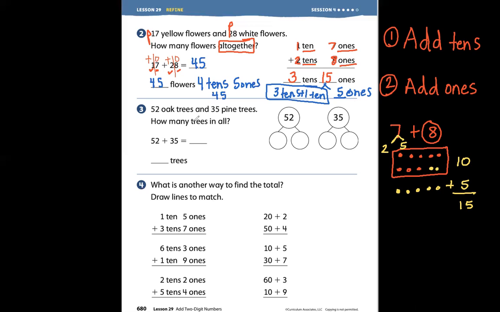Number 3 says 52 oaks and 35 pine trees. How many trees in all? Joining words, meaning we are putting 35 together as a part with 52 as a part of the whole. But this time we're breaking it into expanded form, like we do with number bonds. So 52 is made of 50 plus 2, and 35 is made of 30 plus 5.